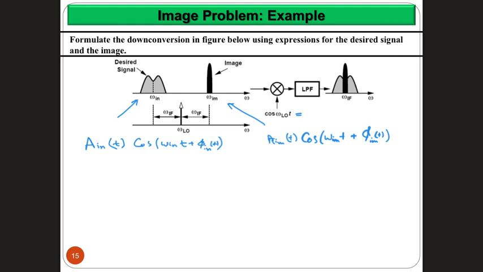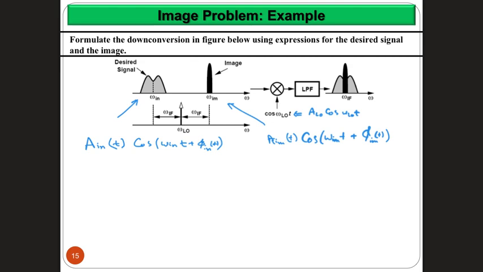So this one is A local oscillator multiplied by cosine omega local oscillator t, right? The mixer is simply multiplying these together, so you end up with cosine times cosine. We know that cosine times cosine gives you cosine of the sum, cosine of the difference, and there is a factor of half.